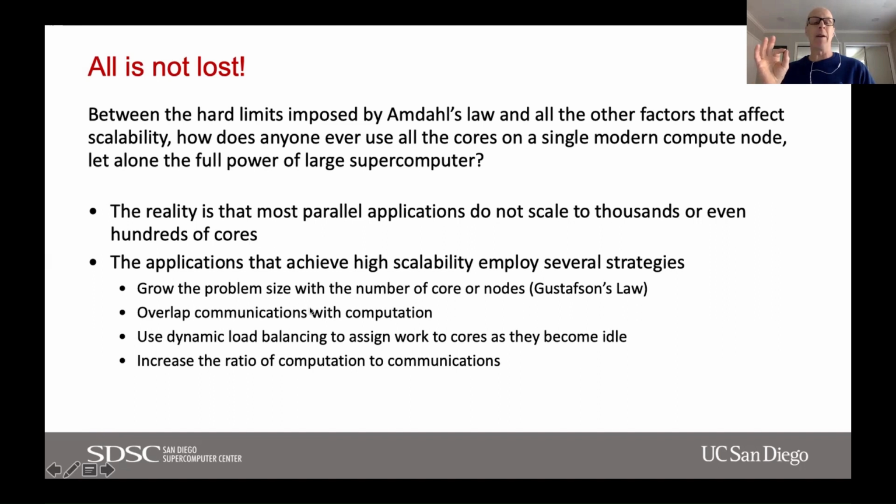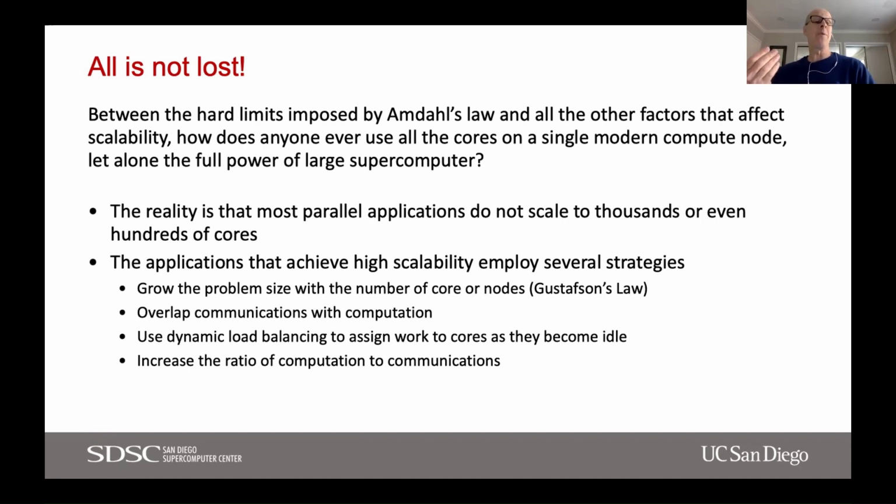We can overlap the communication with computation. Again, this is something that's being done by the developer. If they're highly skilled, very, very clever, they can be doing work while they're waiting for the communication to finish. I already talked about the third bullet, that we could use dynamic load balancing to assign work to cores as they become idle, and we can increase the ratio of computation to communication.